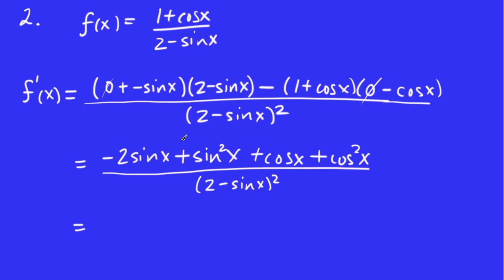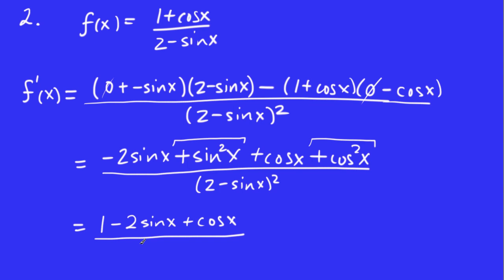Now notice here that I have a sine squared x plus cos squared x, right? Remember, that's equal to 1, right? Sine squared x plus cos squared x is 1. So why don't I write that out front? 1. And then I'll recopy these other two terms. Minus 2 sine x plus cos x.